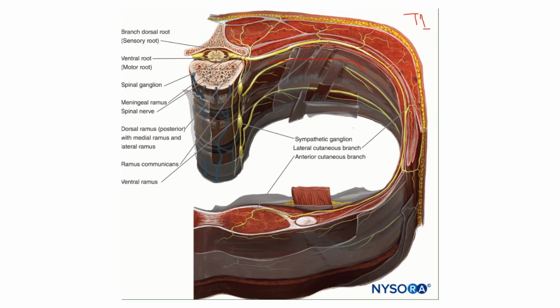It usually supplies the floor, the skin and subcutaneous tissue of the axilla, and it will then communicate with the medial cutaneous nerve of the arm to supply the medial and posterior surfaces of the arm. So these are the different variations present in these atypical nerves, and that is why they are called atypical.